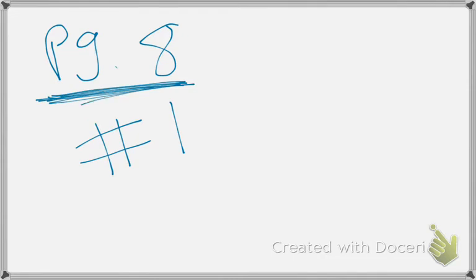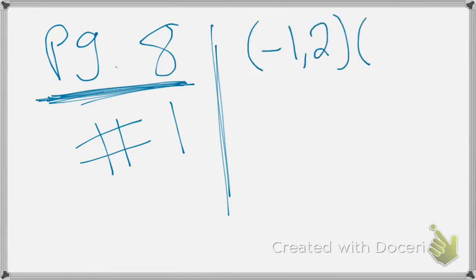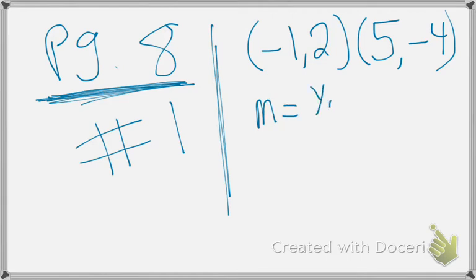It's got something along the lines of find the equation where you have negative 1, 2, and 5, negative 4. Hint, first find the slope, like I did in the example, using the formula.